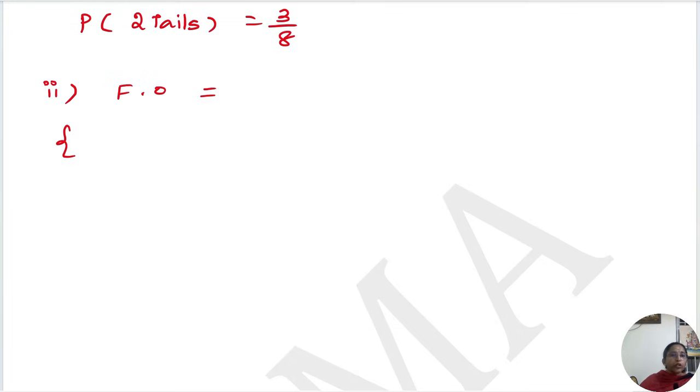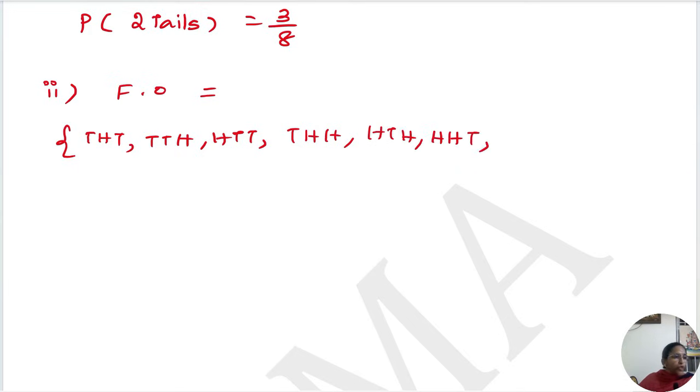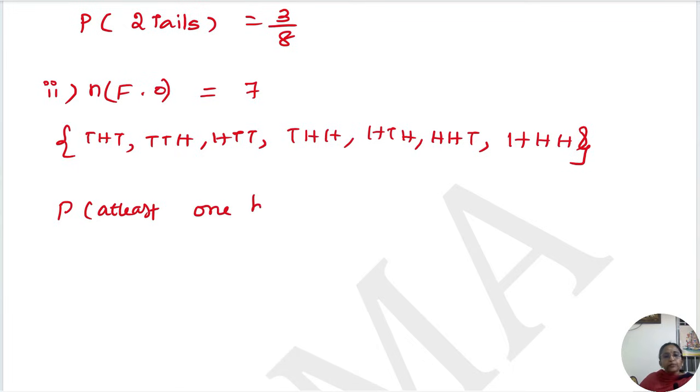So first write your 1 head combinations THT, TTH, HTT, and then 2 head combinations THH, HTH and HHT, and 3 head combination HHH. So the number of favorable outcomes is 7. So now the probability of at least 1 head is equal to 7 divided by 8.